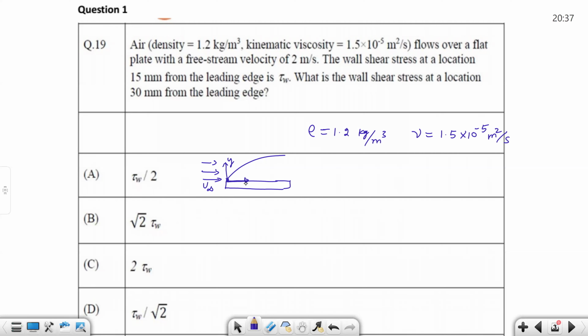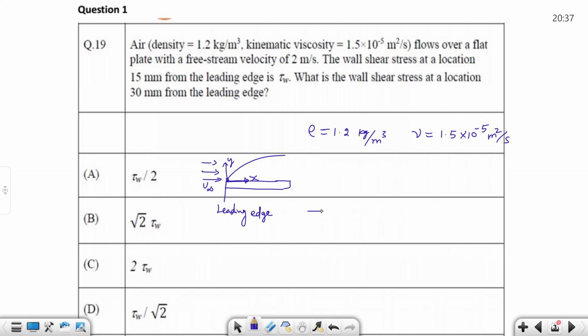This is your x coordinate from the leading edge. So the wall shear stress at a location 15 mm from the leading edge. So this is your leading edge. The distance from the leading edge is x.